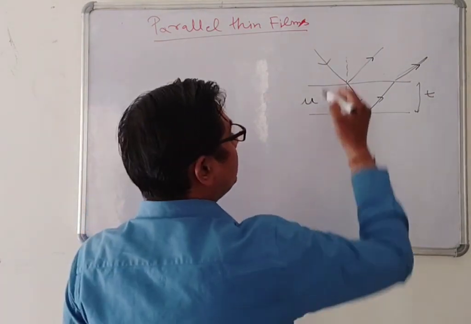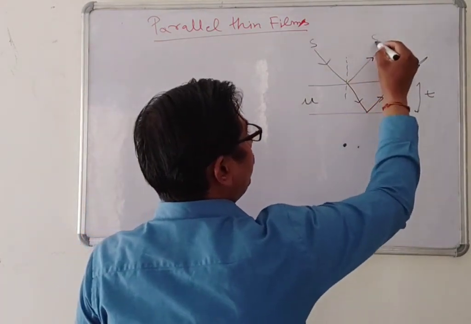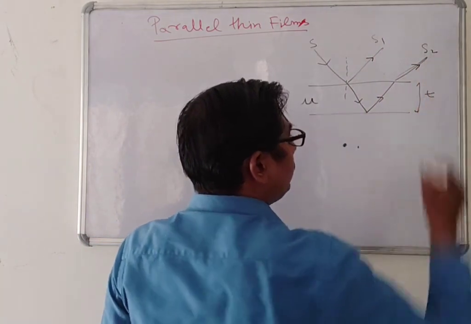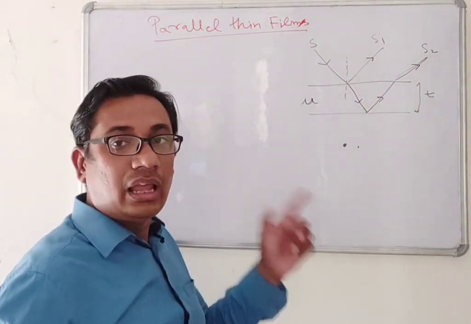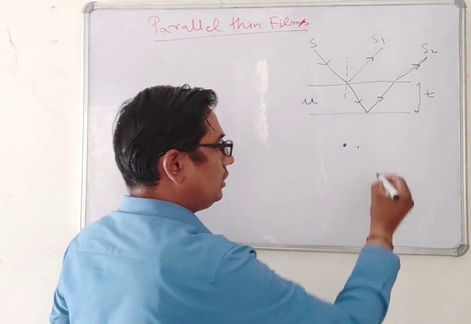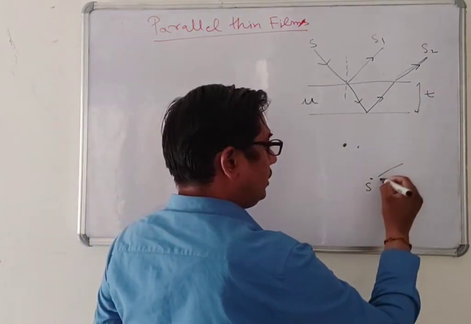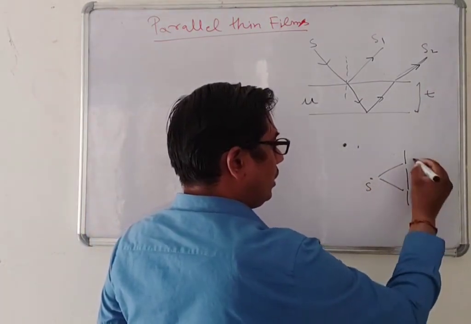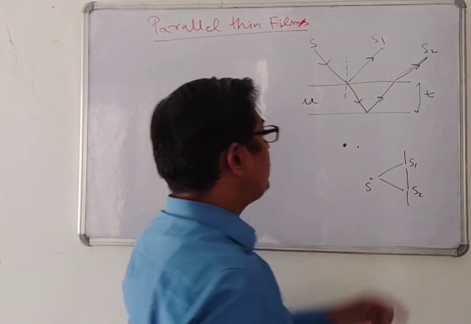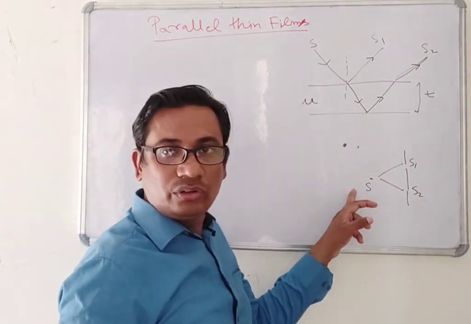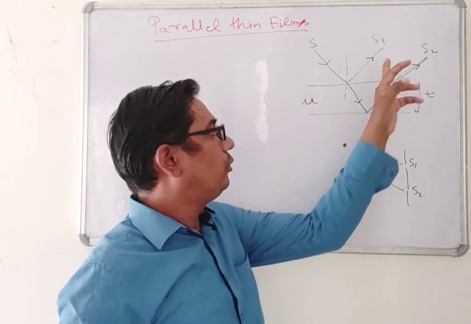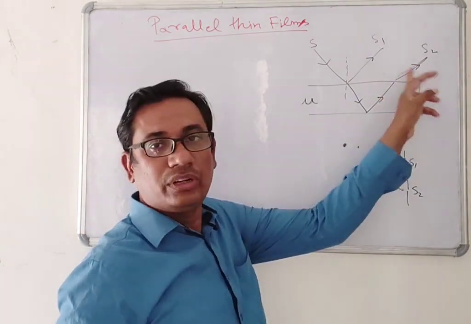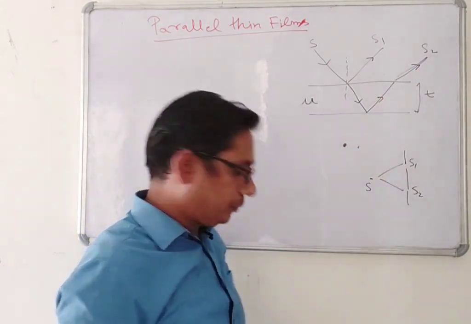You can see that S is divided into S1 and S2, like in the case of Young's double slit. It means that these are coherent sources, and they will produce interference between S1 and S2.